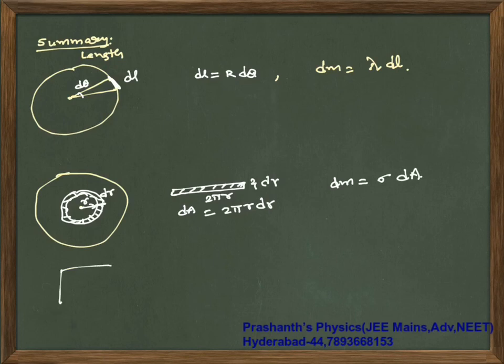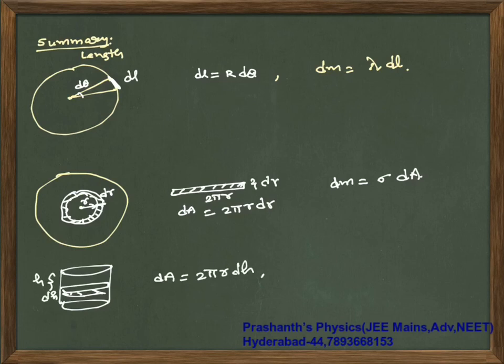And if you have a cylinder, for this cylinder you will take a patch like this. Your small area dA is 2 pi r into dh. This is h and this is dh. Your small mass is sigma times small area dA.